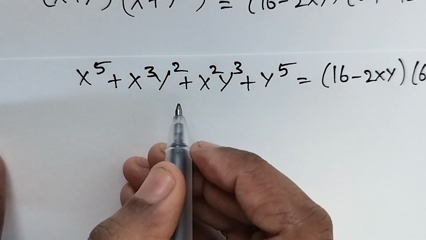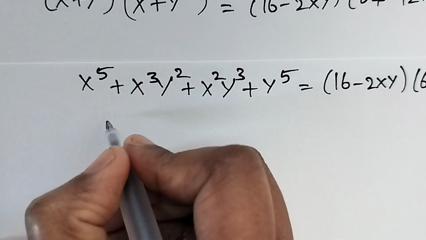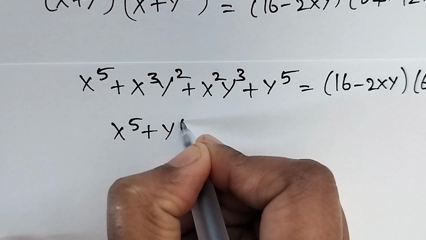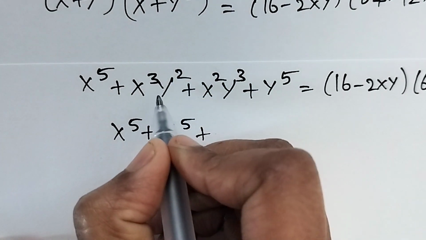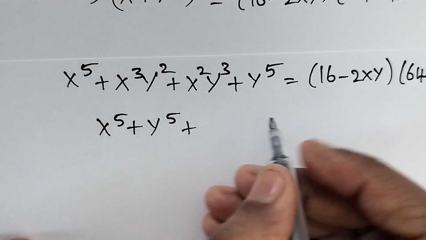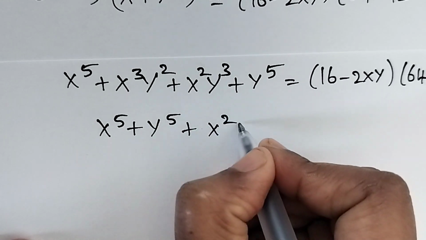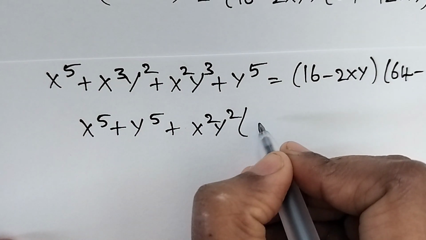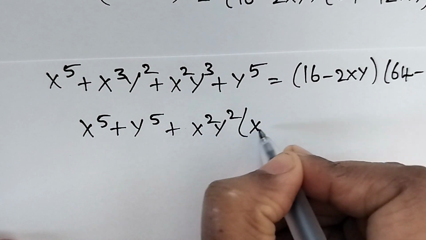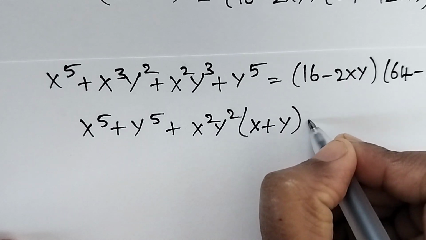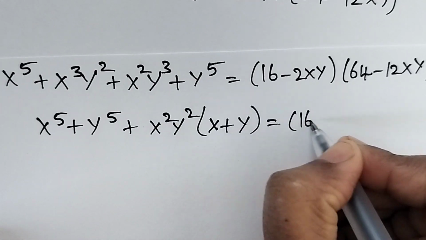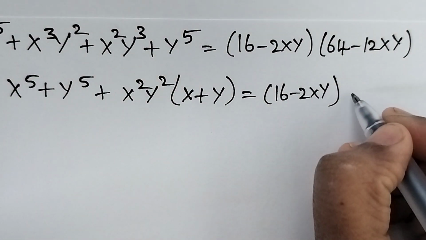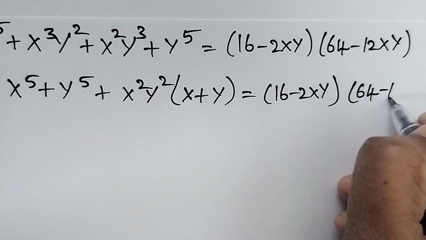So now here we have same powers. So you can see here in these two terms we have common, that is x square y square. So we are taking out x square y square as a common. Now here we will get x plus y, is equal to 16 minus 2xy times 64 minus 12xy.